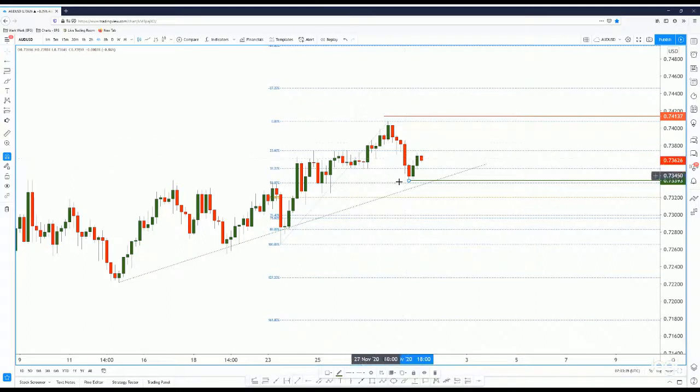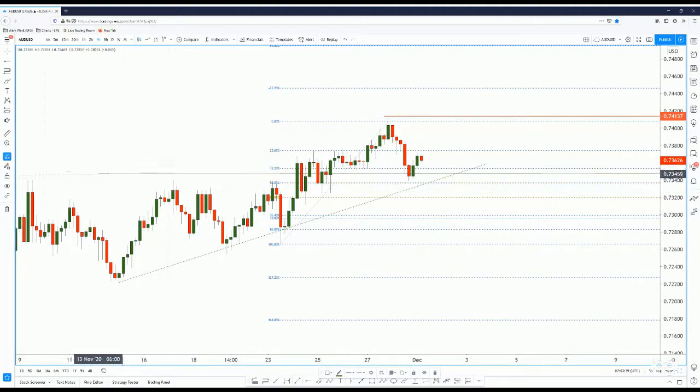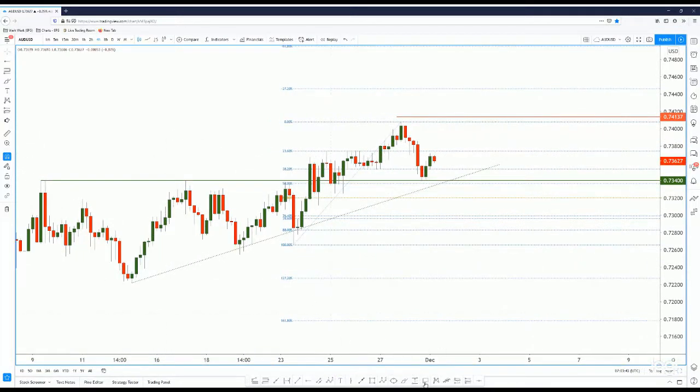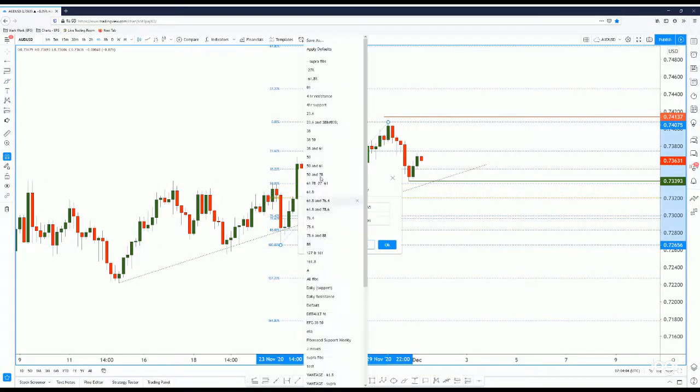If we look to the left and extend this line further, we see that the 50% level is at a very nice level where price was resistance in the past, then price broke above and it became support. So we can expect price to come back down, retest and push higher again. That will be our 50% support level, so let me just highlight the 50%.